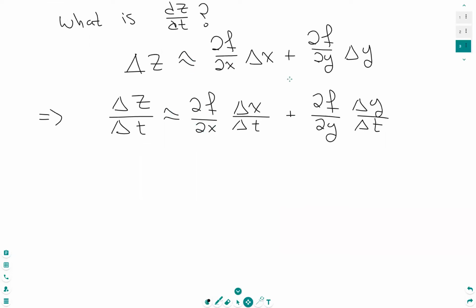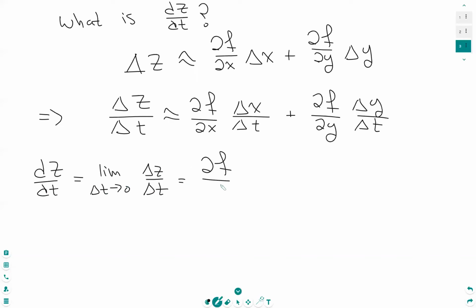Now this is just approximate using differentials, but in the limit, I have dz/dt, so the limit as the change in time goes to 0 of my change in z over my change in t, I get partial f, partial x, dx/dt plus partial f, partial y, dy/dt.